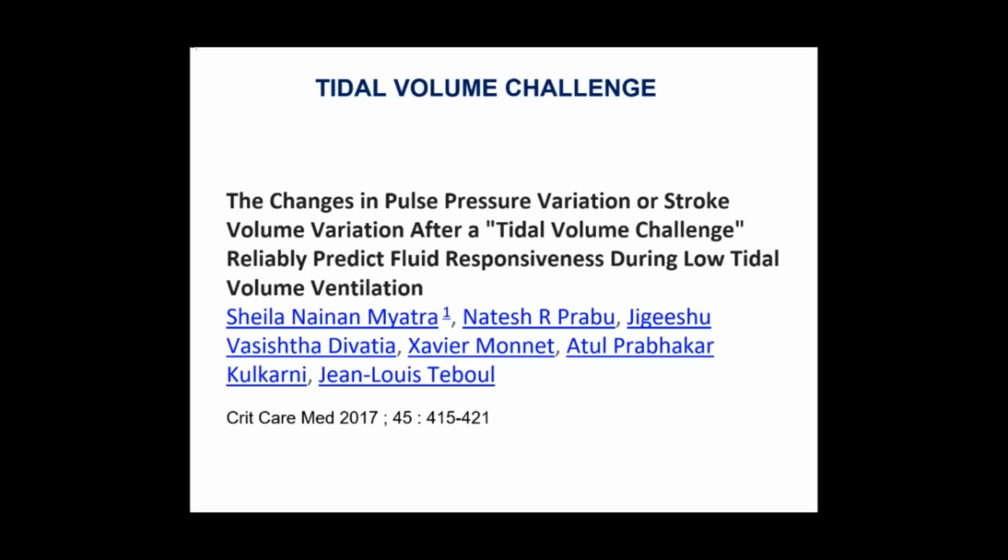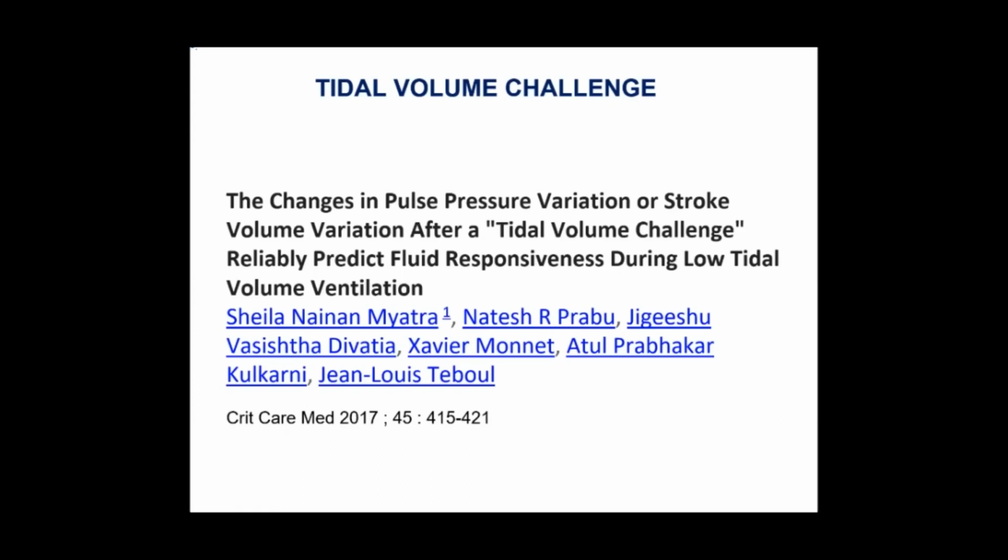Now, what about a practical problem that we may have? A patient who is requiring low tidal volume ventilation. In those patients, how do we monitor the fluid responsiveness state if we want to use the stroke volume parameters?